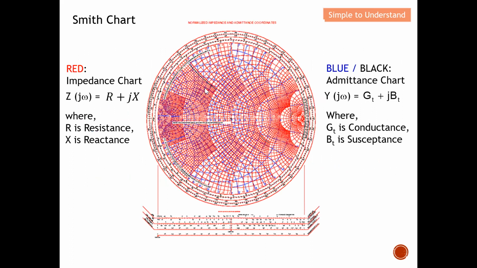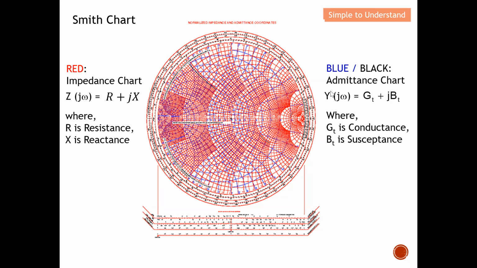Over here you can see that the Smith chart basically looks like this. Those in red circles or red lines represent the impedance chart. As I mentioned earlier, this is governed by the rectangular form. You can see that this is the R, which is the pure resistance value, and this is the reactance. On the other side, we classify them as the so-called admittance chart using the blue lines.